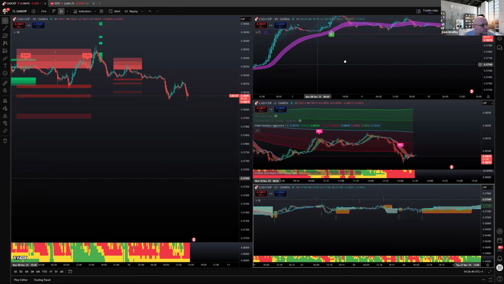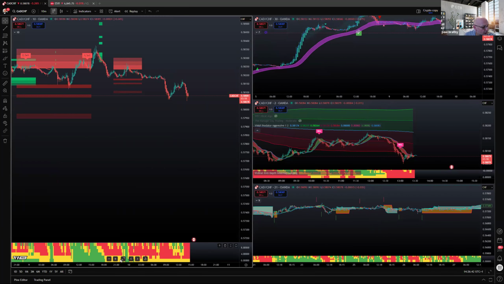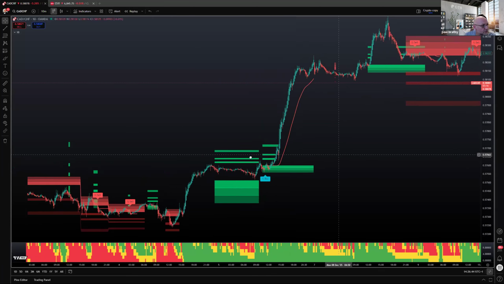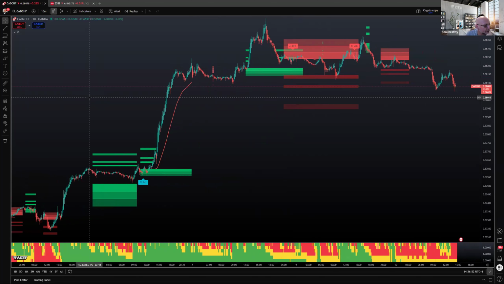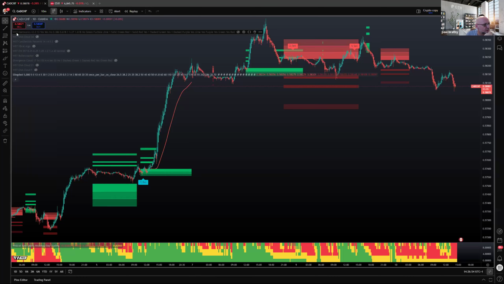Okay, so I'm going to look at the slingshot now as well. So slingshot is this, 10-minute on CAD Chef. Now slingshot is very important. It depends on the level of subscription. You'll see here I'm TV Pro because even though I'm not a professional trader anymore, I was, and they want to charge me more money, so I have to pay all that.